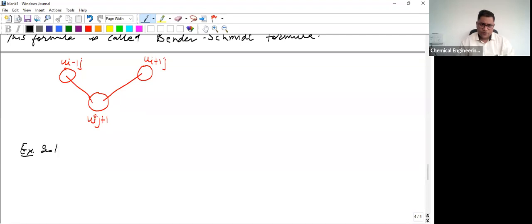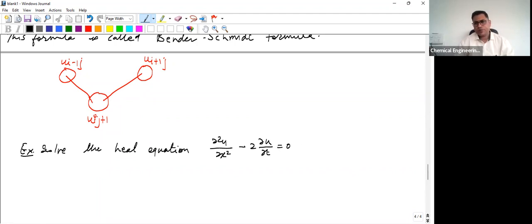So we have to solve the heat equation del square u by del x square minus 2 del u by del t is equal to 0, with the conditions.